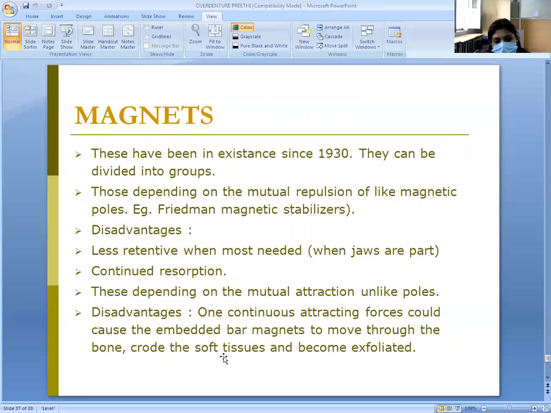So this is one of the disadvantages. And the second disadvantage of magnet attachment is that because of continuous magnetic forces, there is a chance of palatal hyperplasia. So the tissue becomes hyperplastic. This is the main disadvantage of these magnet types of attachments.